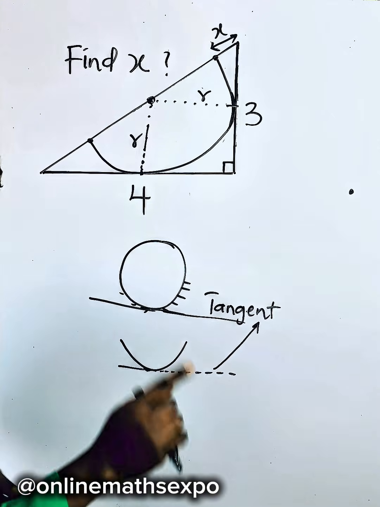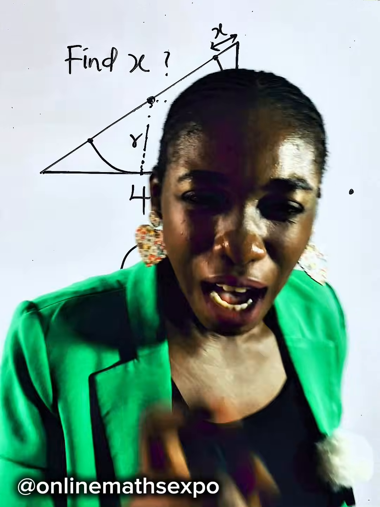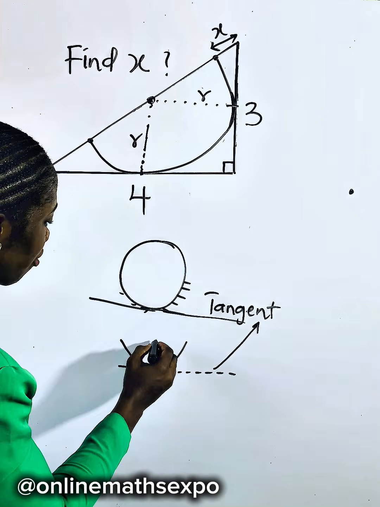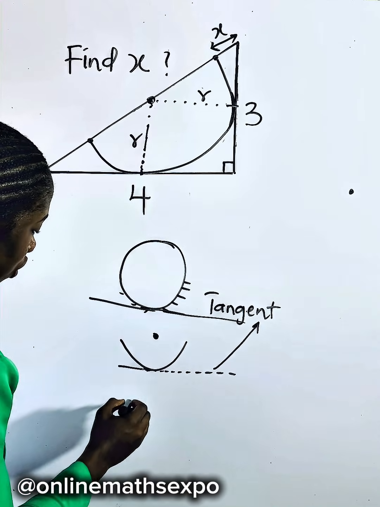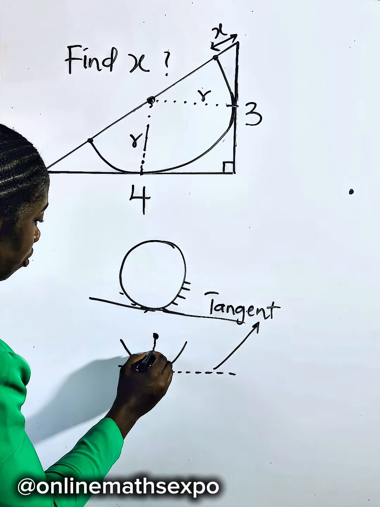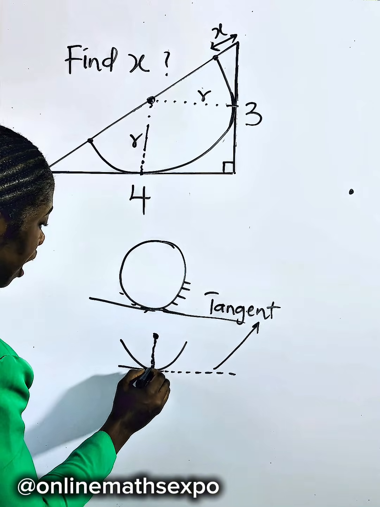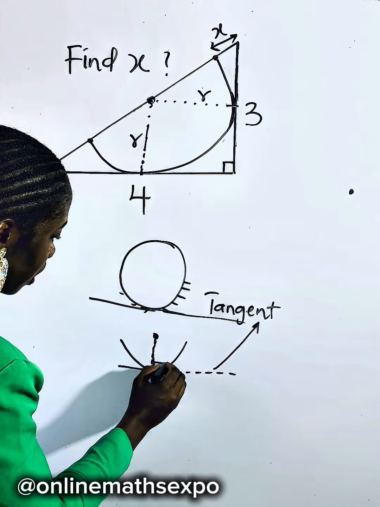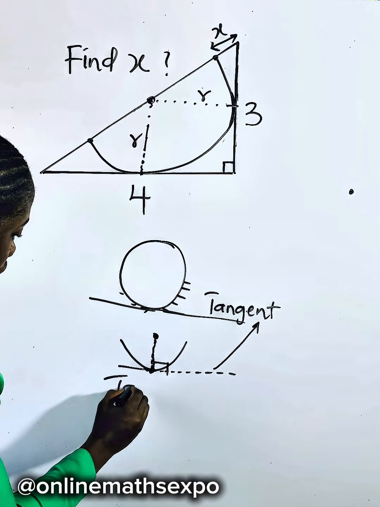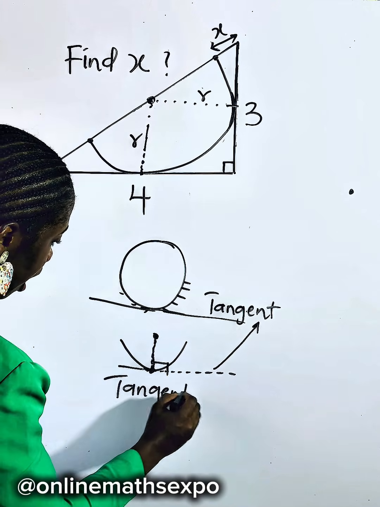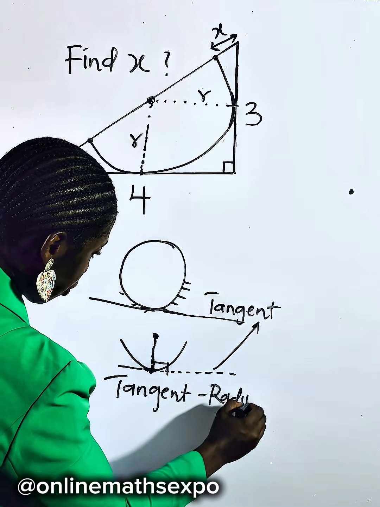Now, if this is true, it reminds you of a theorem. And what does it remind you of? It reminds you that a line drawn from the center of this semicircle to come in contact with the tangent always makes angle 90. And what is the theorem? The theorem is the tangent and the radius theorem.